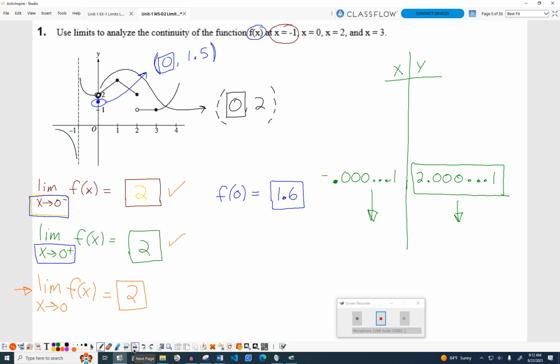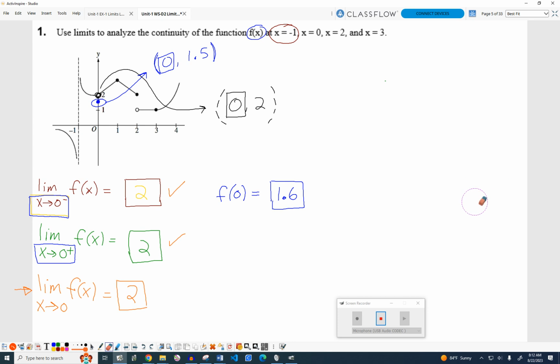We need to write a conclusion. So here's the conclusion that you should write. Another way to look at this is an exact dot on the graph. That dot is the blue one.